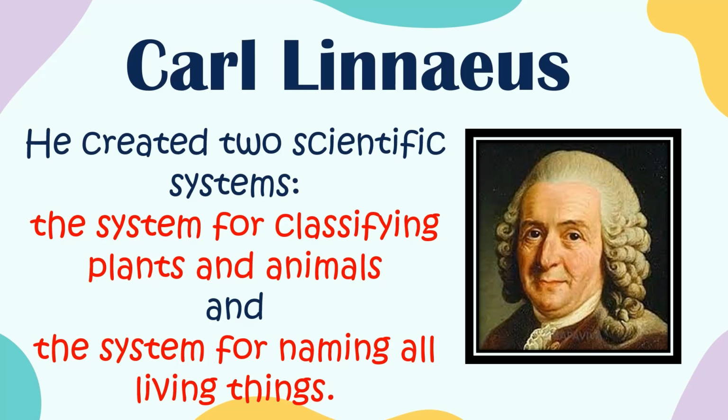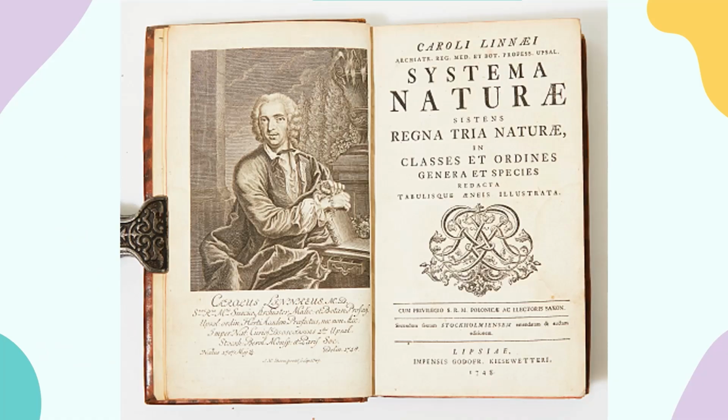Now, Carl Linnaeus. Who is Carl Linnaeus? So he basically created 2 scientific systems: the system for classifying plants and animals, and the system for naming all living things. Now, this is his book, Systema Naturae, or in English, System of Nature.